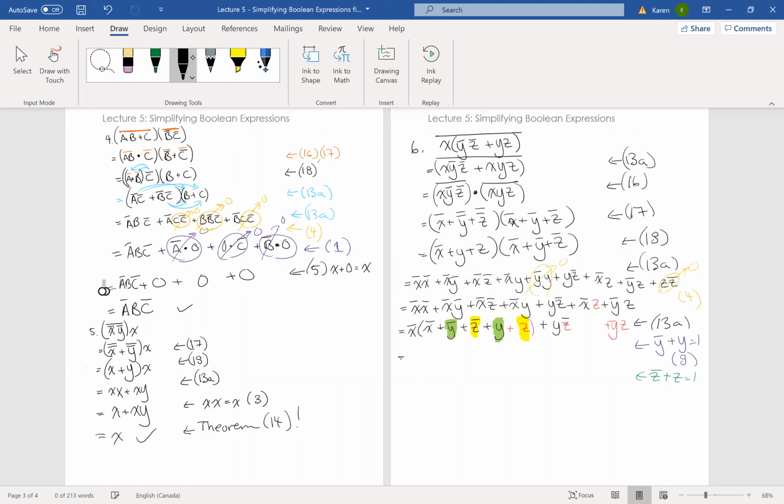So carrying on and substituting 1 for y bar plus y and 1 for z bar plus z, then I would have x bar times x bar plus 1 plus another 1. So, 1 or 1. And then the rest of the expression, y z bar plus y bar z.